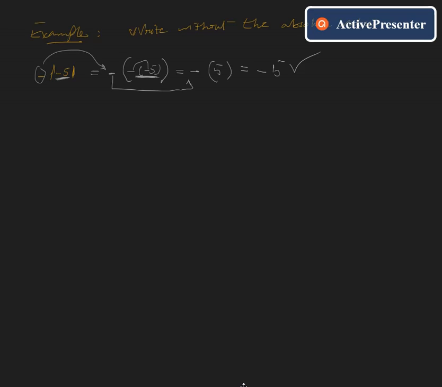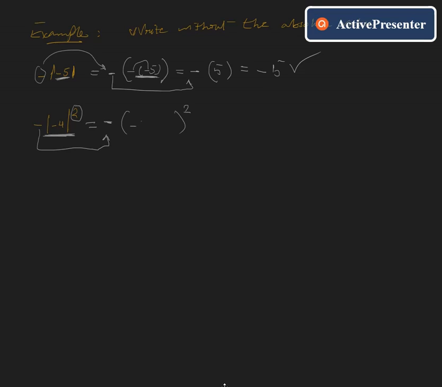Okay, another question. The negative of the absolute value of negative 4, the overall square. This negative will remain the same because it is outside. We will open parentheses and see what's going on. The absolute value of negative 4 is squared. What about the absolute value of negative 4?